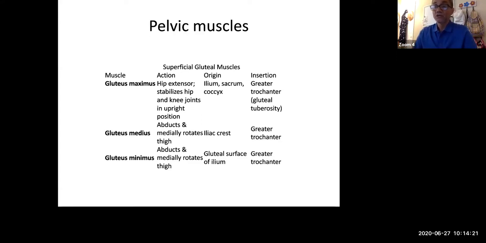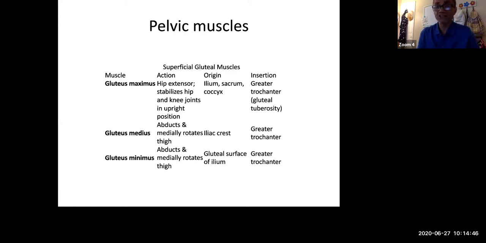Correct? So in sequence, underneath the skin and the fat tissue of the gluteal region, you will see the great or big gluteus, the maximus. Underneath it is the medius, and further deeper is the minimus. You do not need to read any of the above unless you want to.